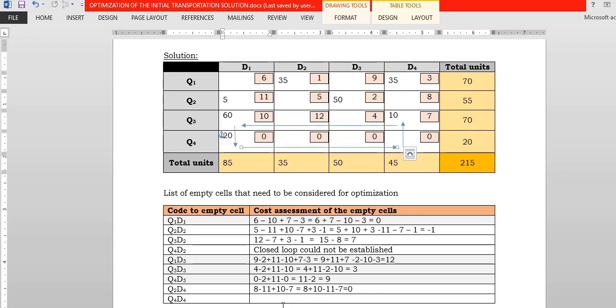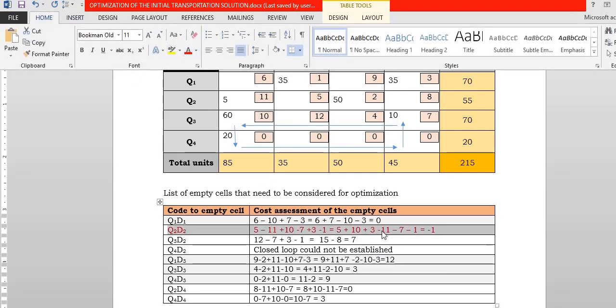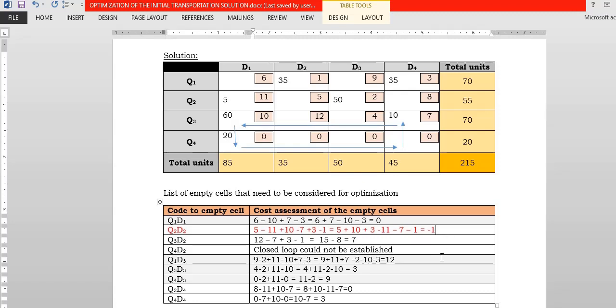So from our starting point we have 0 minus 7 plus 10 minus 0. So this becomes equal to 10 minus 7, which is equal to 3. So if you analyze these items, there's only one that is going to be negative for us, and that is the item there. This is the only one that is going to bring about a reduction in the cost of transportation, because it has a minus 1.